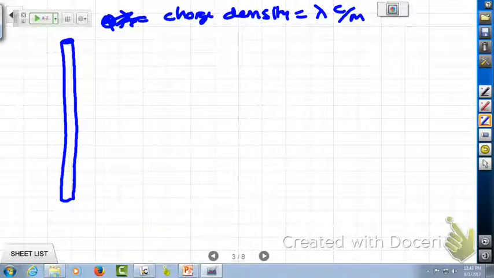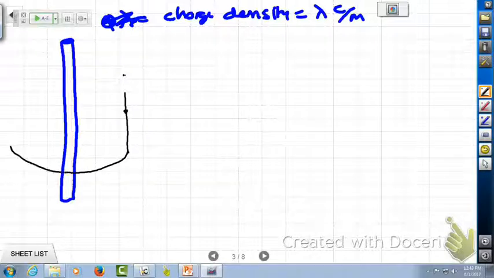That's my charge, and I want to try and analyze this. I want to find the electric field at that point there. So I've got to have a Gaussian surface that goes through that point. I'm not going to use spherical symmetry because this is not a sphere. It's not a point. This is, if anything, like a cylinder, and there's a clue. So let's make ourselves a cylinder, nice and symmetrical.